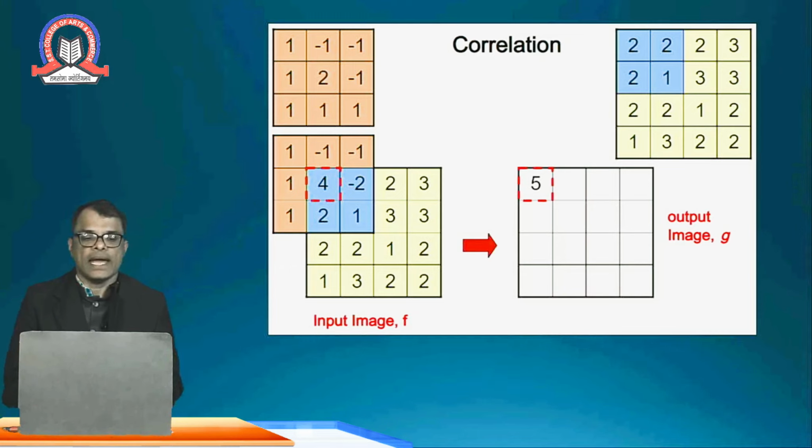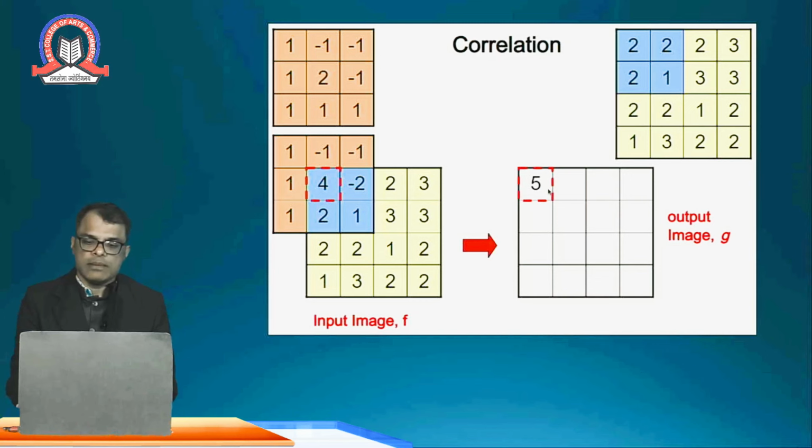Now again I have to do the procedure which I followed for the convolution. If you check, the overlapping things are multiplied. So this 2 is multiplied with this 2, and if I do the total of this, I will get 5.